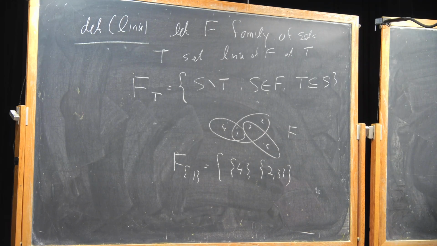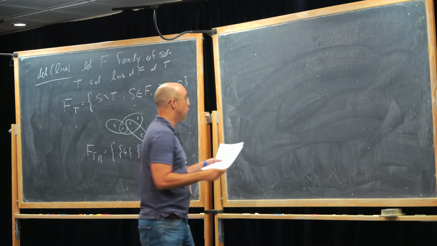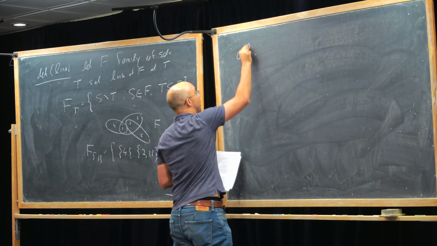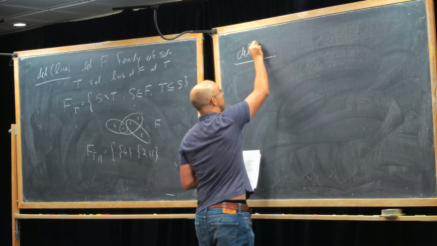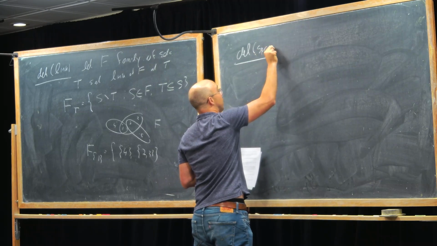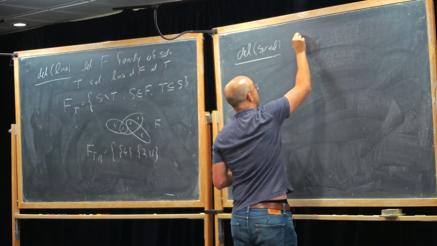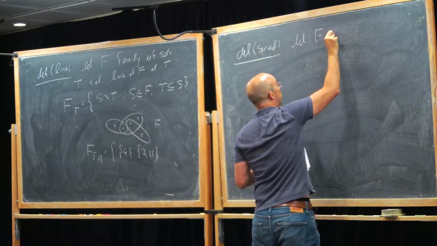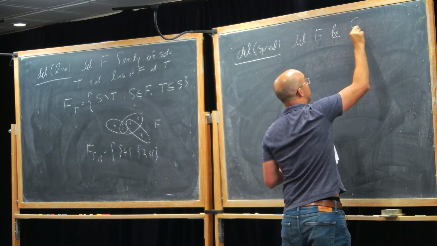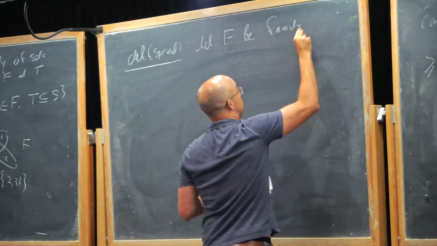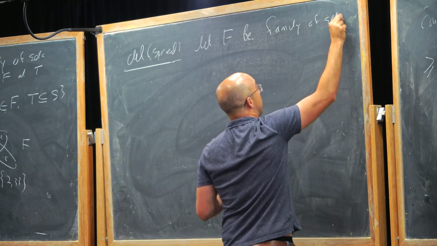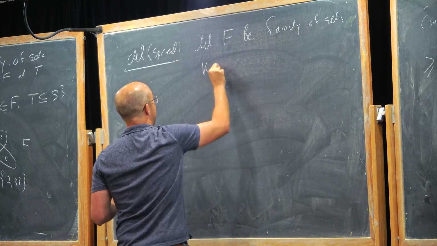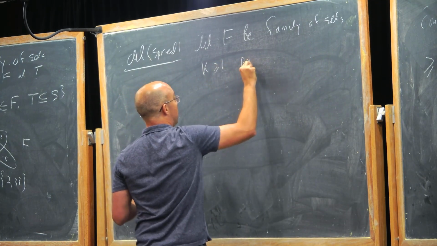Okay. So the second important definition is going to be that of spreadness. Again, let F be a family of sets, and let K, at least one, be some parameter.